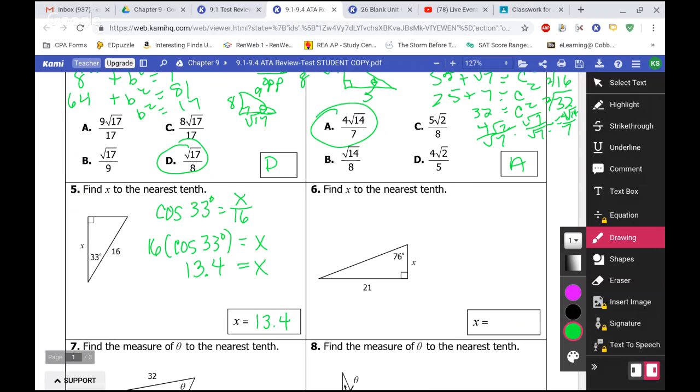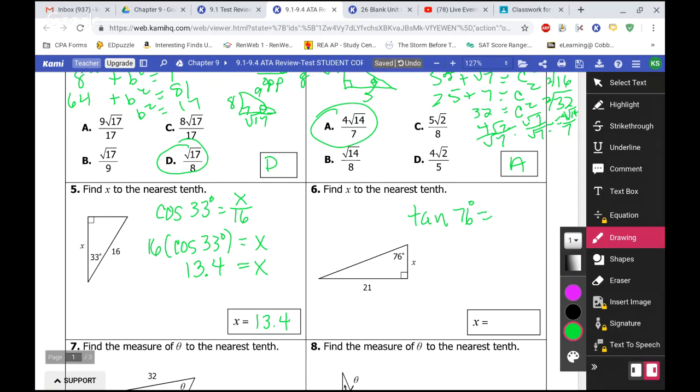Tonka's built tough. Find x to the nearest tenth. All right, so the side lengths that I have are my adjacent side and my opposite side, so we know we're going to be working with tangent. So tan 76. You kind of got to figure out what side you got first and then go from there.